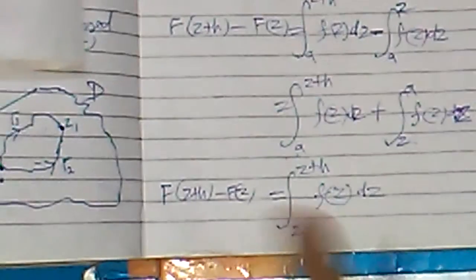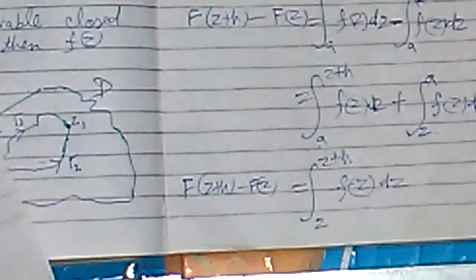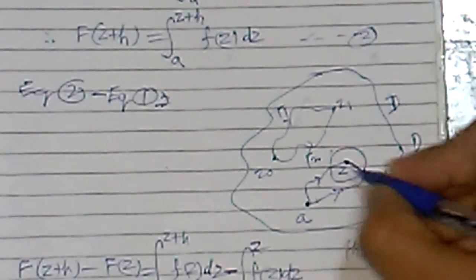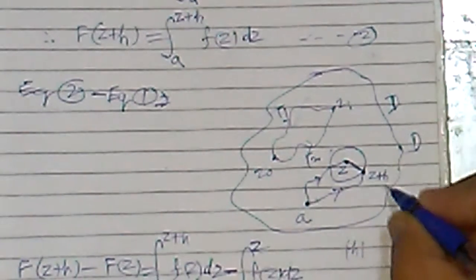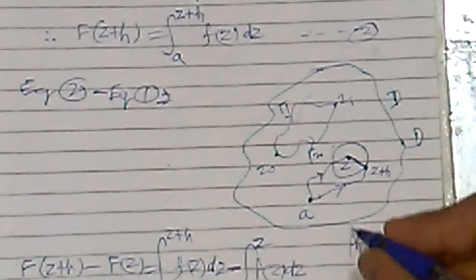Now we divide by h on both sides to prove Morera's theorem. Dividing the whole equation by h, the difference between z and z plus h, and the distance between these two points, is modulus of h.